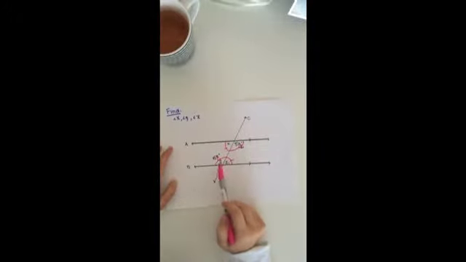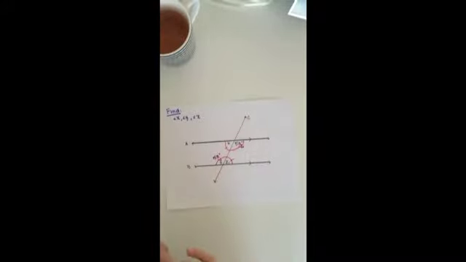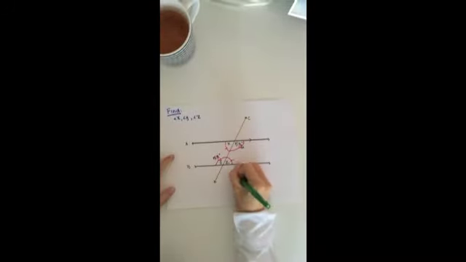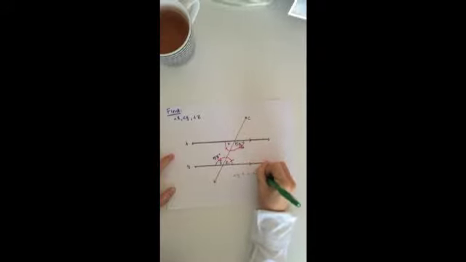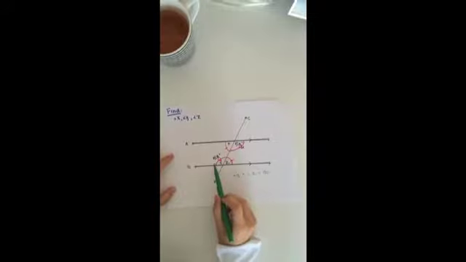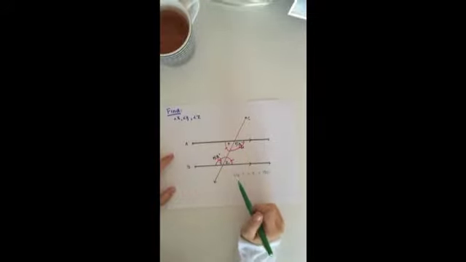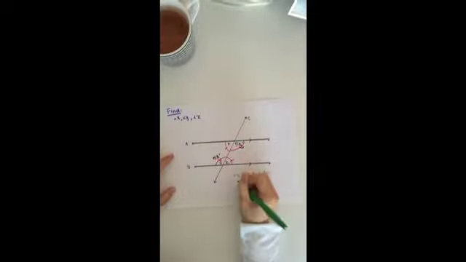We also know that angle y plus angle z equals 180 because of the definition of a straight angle. Now, because we know angle y equals 58 degrees, we may substitute 58 degrees for angle y.